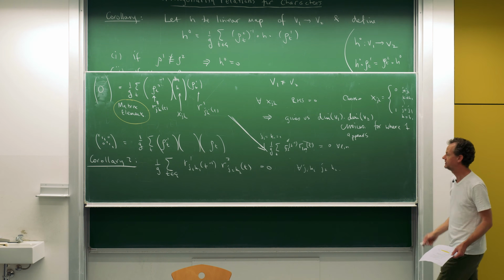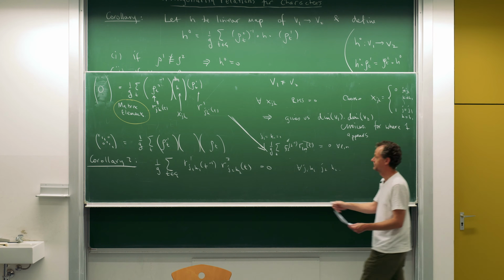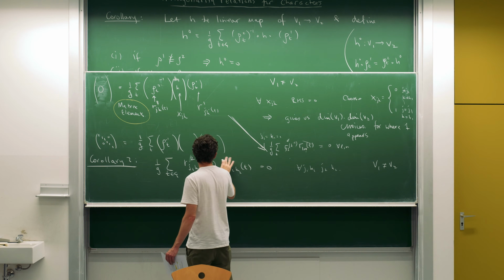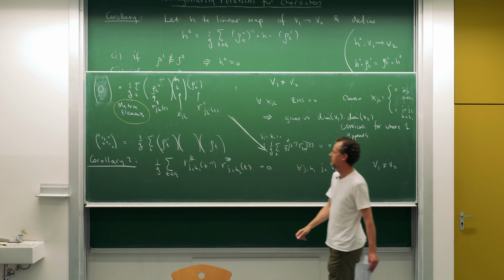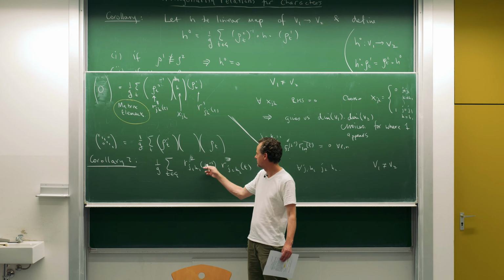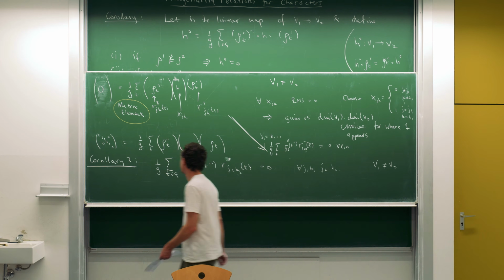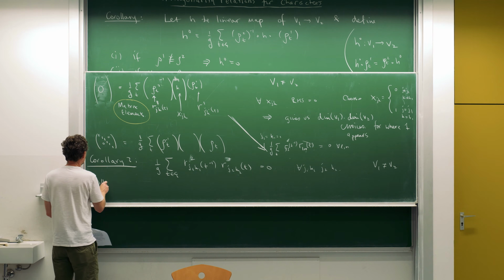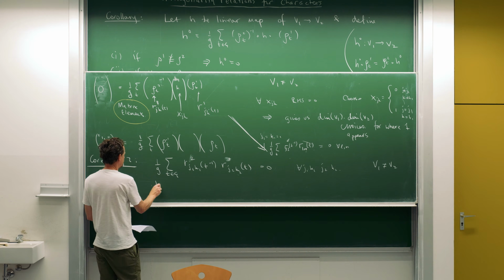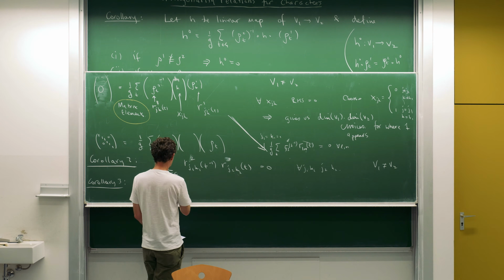Okay, so in the case where V1 is not equal to V2, we learn that all these matrix elements, oh, I got it the wrong way around. It doesn't matter, but let's just do it the correct way around. All these matrix elements are 0 once you sum them over the elements of the group. And then in the other case, same argument.